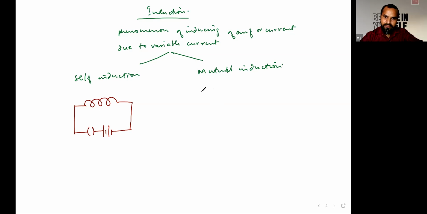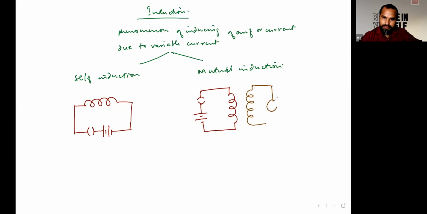Now suppose I join another coil in the neighborhood of this coil, like this, and I have joined a galvanometer to check whether the current is induced or not.